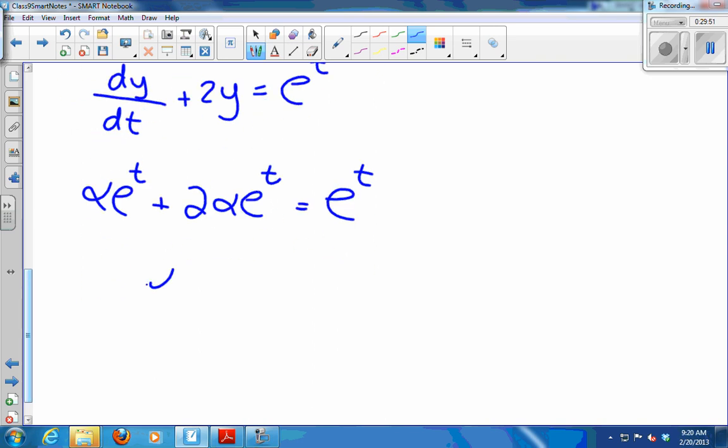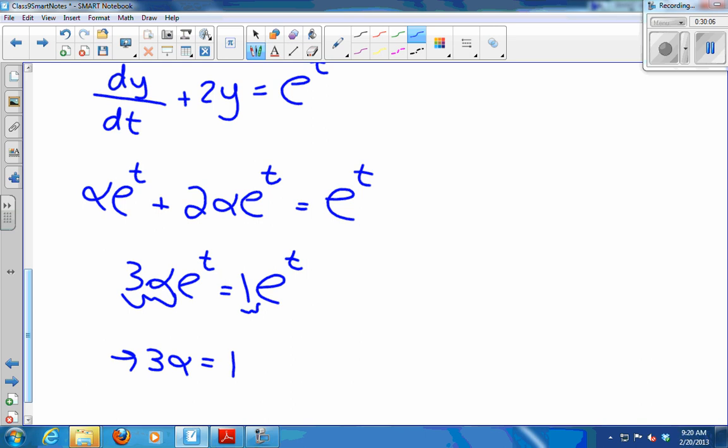So 3 alpha e to the t has to equal 1 e to the t, and then we match up the coefficients. So 3 alpha has to equal 1. So alpha is 1/3. This is called the method of undetermined coefficients.